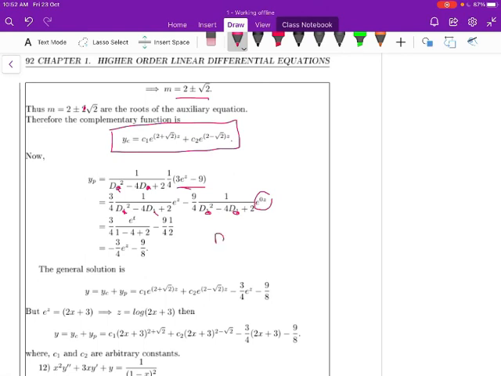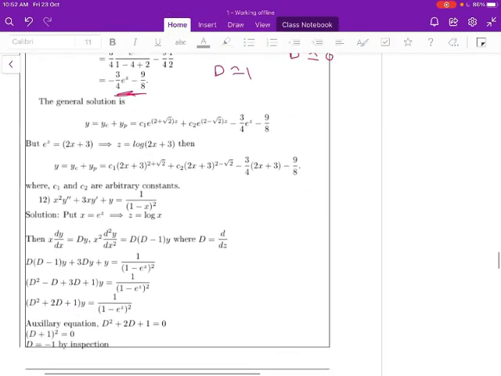For e power z, which is exponential form, just replace D by 1 here. In the second case D is equal to 0. We will have 3 by 4 into e power z by (1 minus 4 plus 2), that is minus 3 by 4 into e power z, and minus 9 by 8 into e power 0, that is 1. So this is the particular integral.